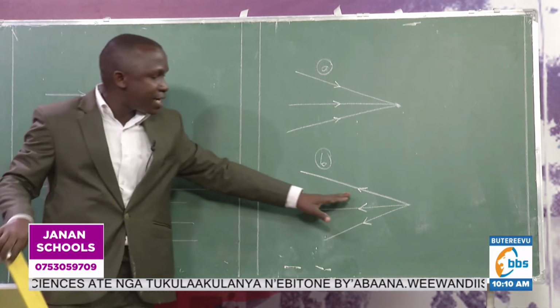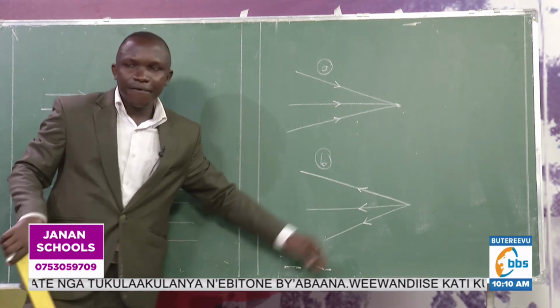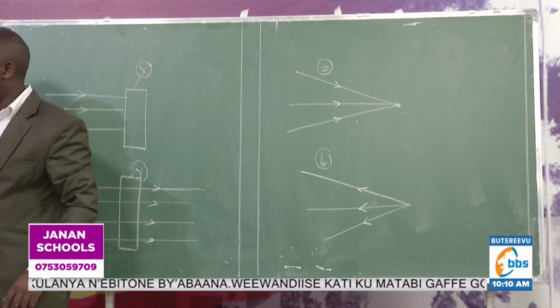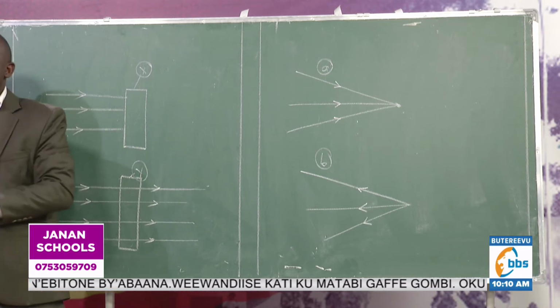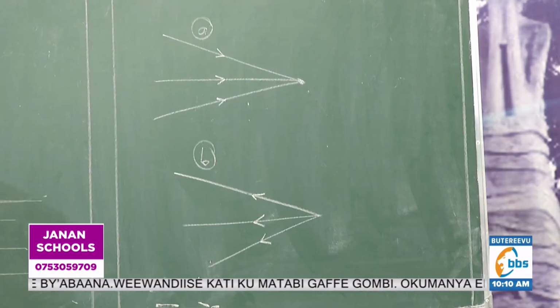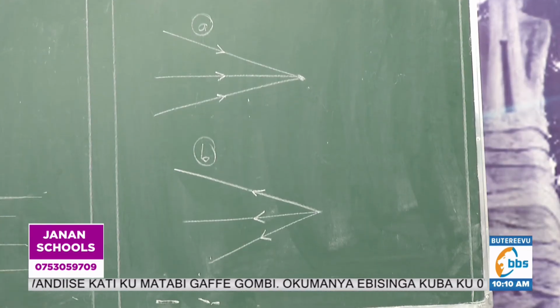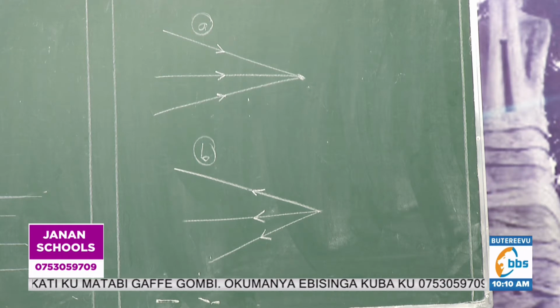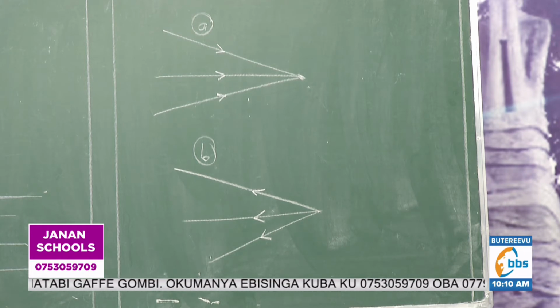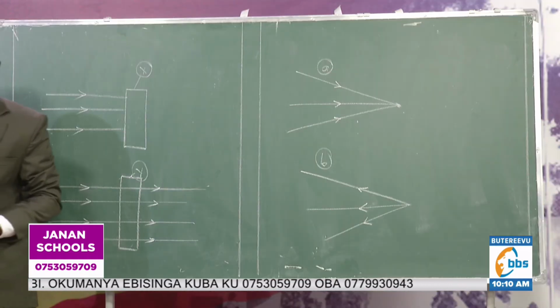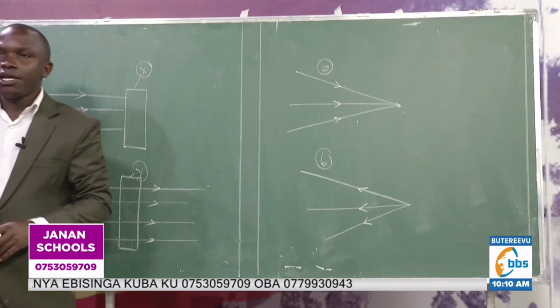It's very important to observe the direction of the arrows. Hope you've got that very clear. That was the activity that I left behind, and most of you actually got everything right. Thanks so much.